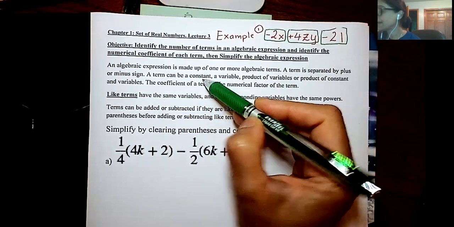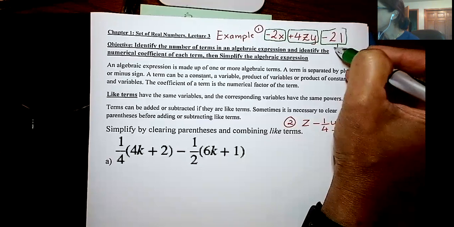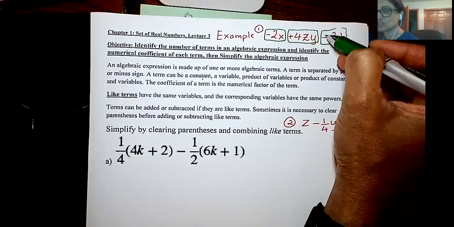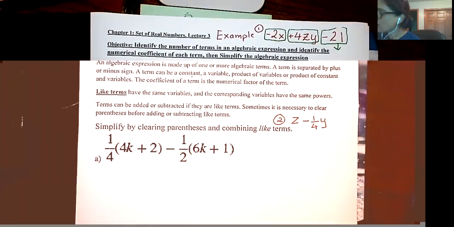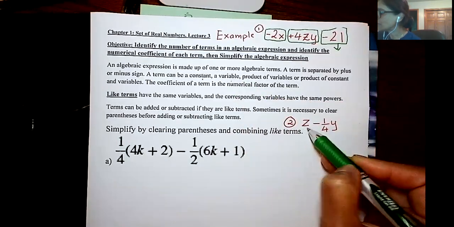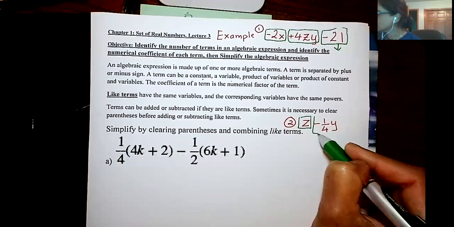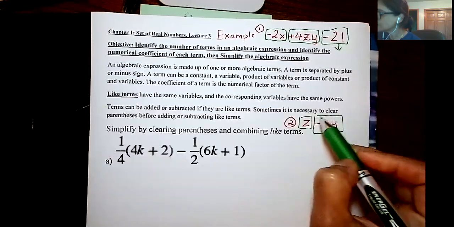A term can be a constant, like we talked about in lecture 2. This is a constant which just has a number, or it could be just a variable. So if I'm looking at this, this is one term, this is a second term.